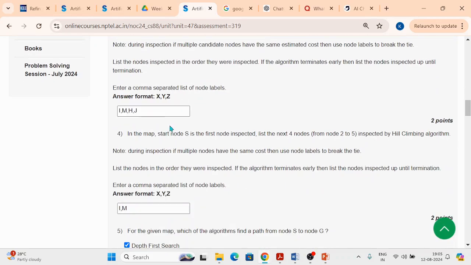Next, the fourth question: by using the hill climbing algorithm, starting from S again, they are asking us to write the nodes from 2 to 5. According to the hill climbing algorithm, whenever it moves to the next node, only if it is a better node will it move.